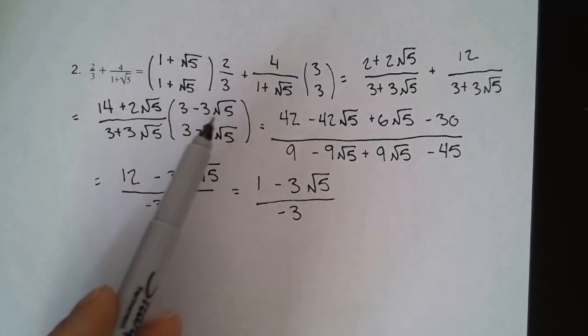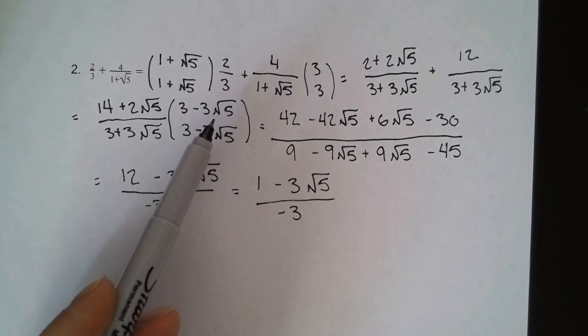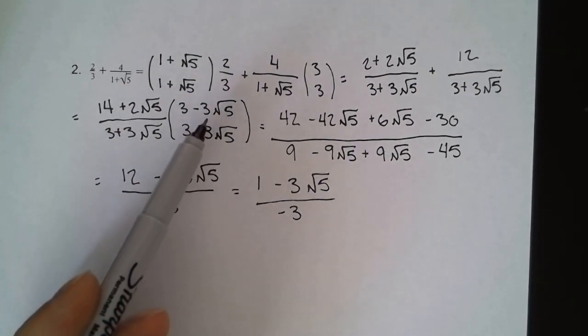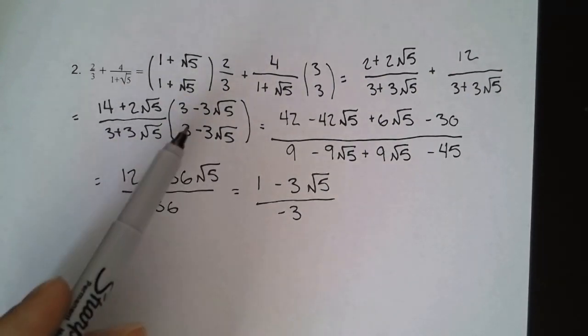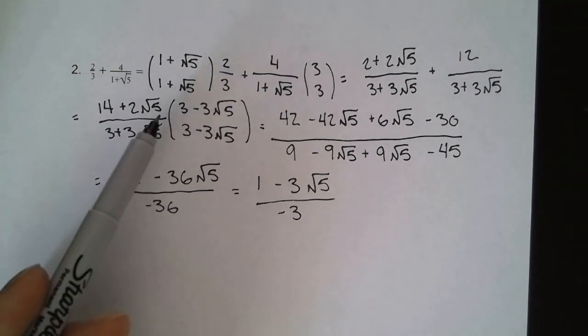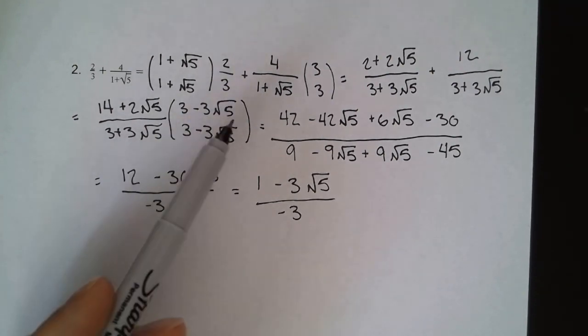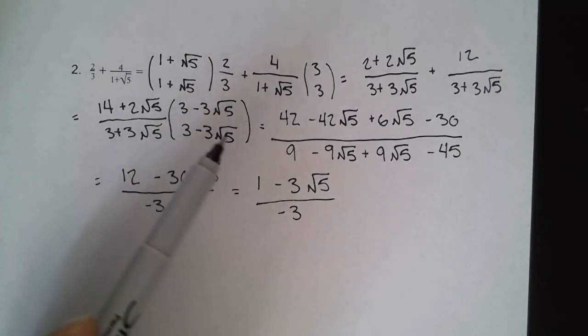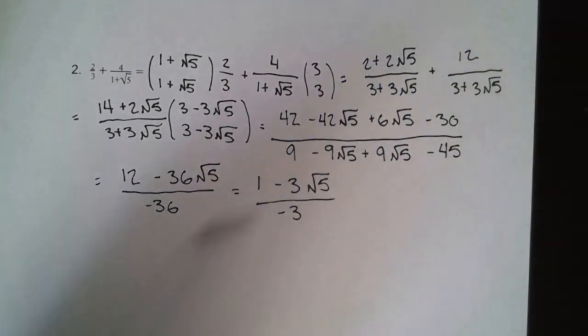And then 2 root 5 times negative 3 root 5: 2 times the negative 3 is negative 6, and root 5 times root 5 is 5, so negative 6 times 5 is negative 30.